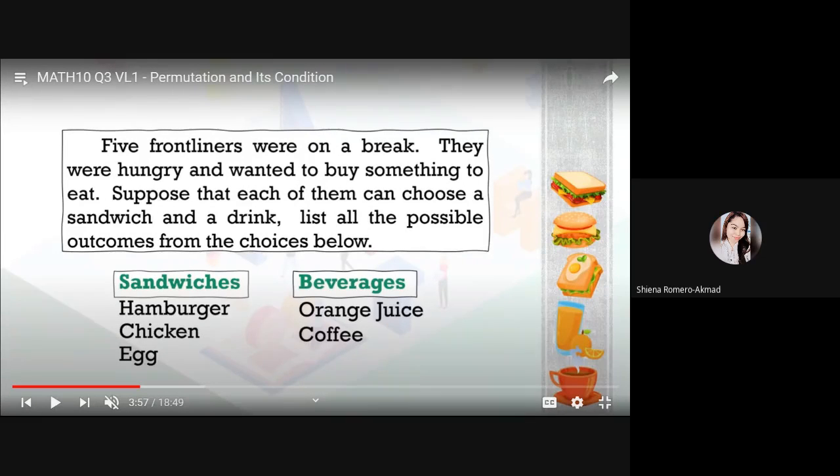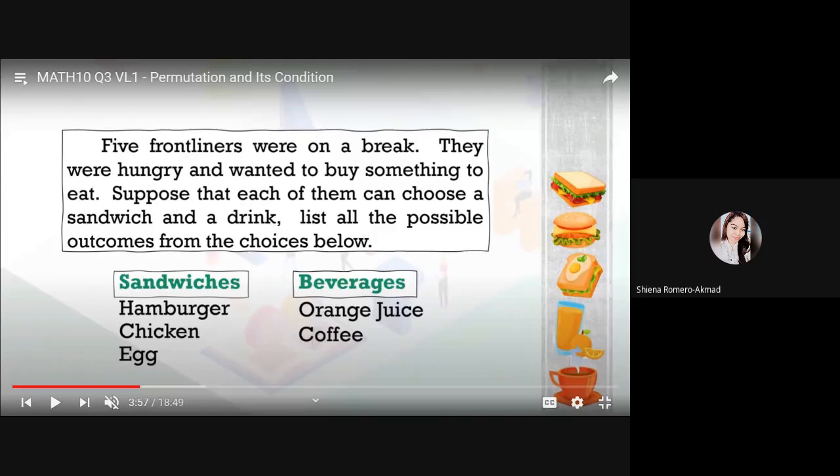Okay. So sa tingin ninyo, ilagay natin kayo dun sa sitwasyon nila. Like for example, you are the frontline. And syempre, pagod ka sa trabaho. So ang gagawin mo pagdating ng break time, di ba, may time naman yan para magmerienda.